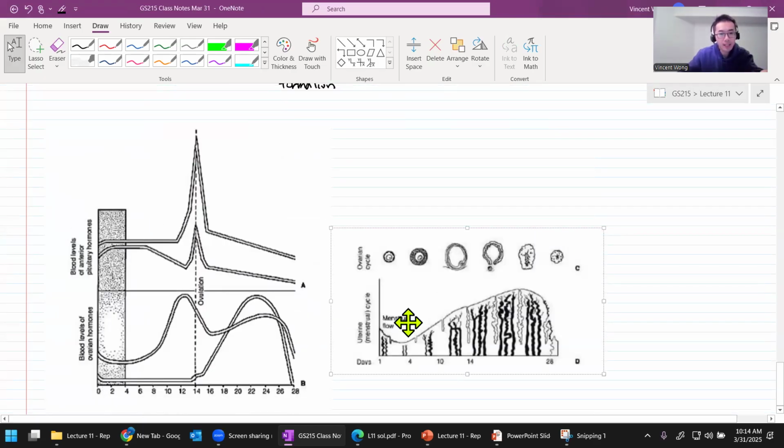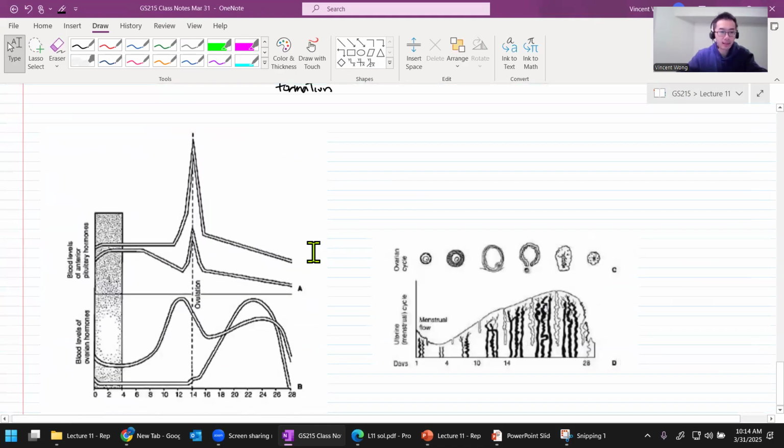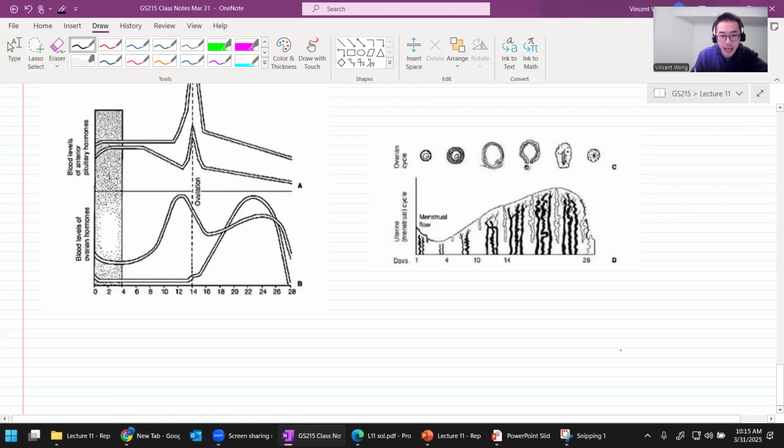So there are four graphs here. Each line represents a hormone, and I guess it's hard for you to tell which one is which, but I'm going to go through it with you, and hopefully it's going to make sense. Okay. So first of all, we have again the typical 28 days, and over here the first half. What do we call the first half again? Just checking to see if you remember the name.